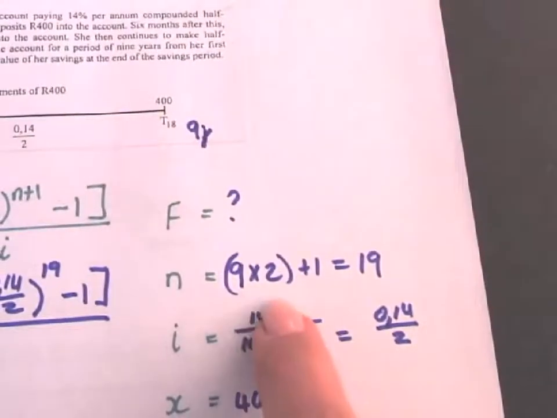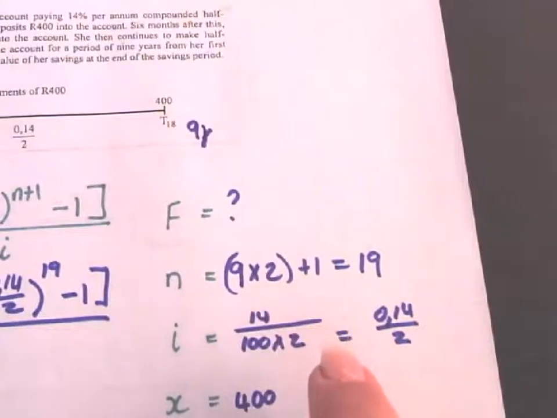Yeah, it's 9 times 2 because she deposits half yearly. Then why is it that the full 9 if for 6 months she didn't put her money? Why is what? Because it says 6 months later she didn't deposit 400.